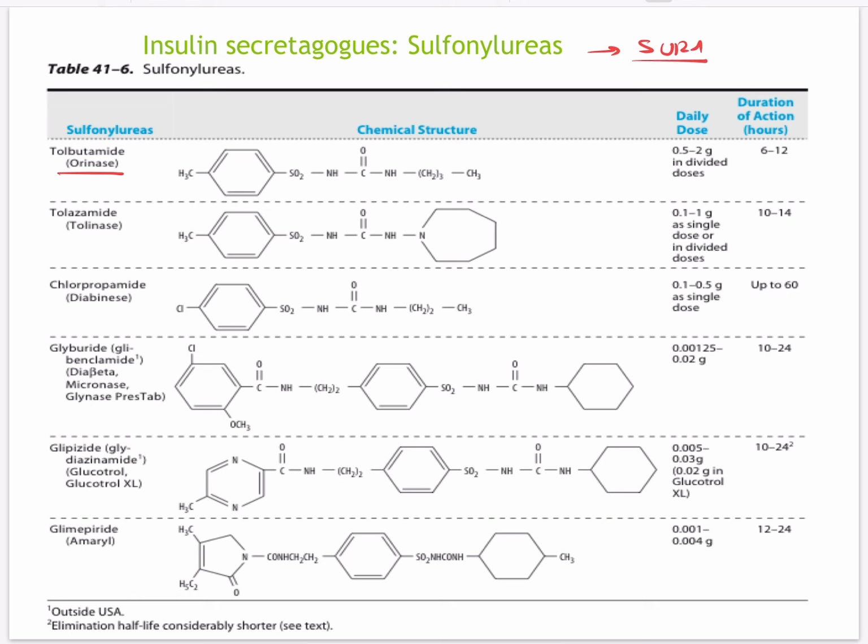Okay, and it affects the potassium channel and increases the release of insulin by exocytosis.